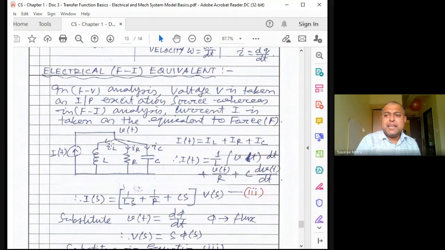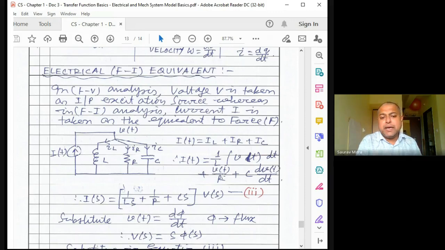If you rearrange that, you will find the inductive current is equal to the integration of inductive voltage. Now in this case, the voltage across all three components is Vt. So the inductive current is 1 by L times the integration of Vt dt. That is, IL is equal to 1 by L integration of Vt dt.